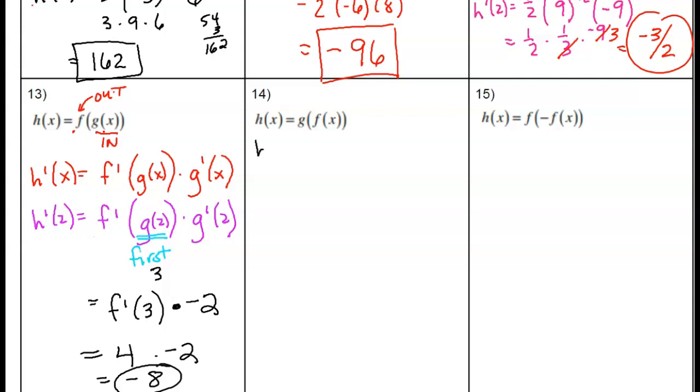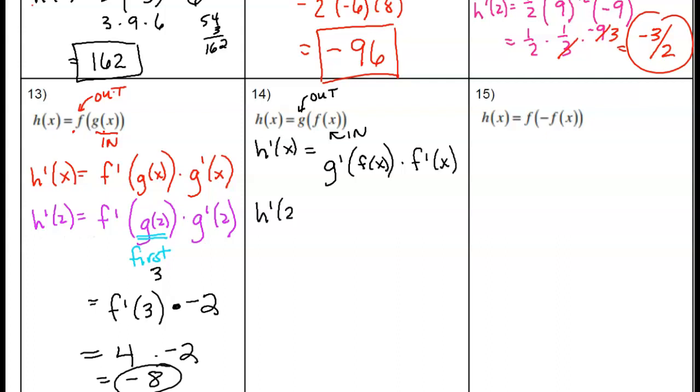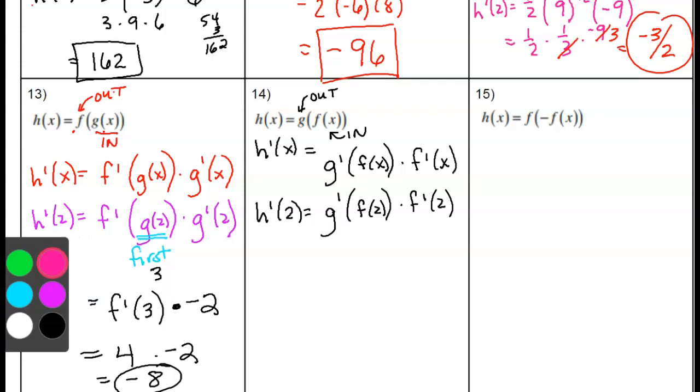All right, same idea, but different values. g is on the outside, f is on the inside. So we're going to start by taking the derivative of g. Its inside stays the same. And then the derivative of the inside, which is f prime. So same thing, I'm going to write the 2's because it can get just super tricky. Okay, so remember, we have to do this inside first.